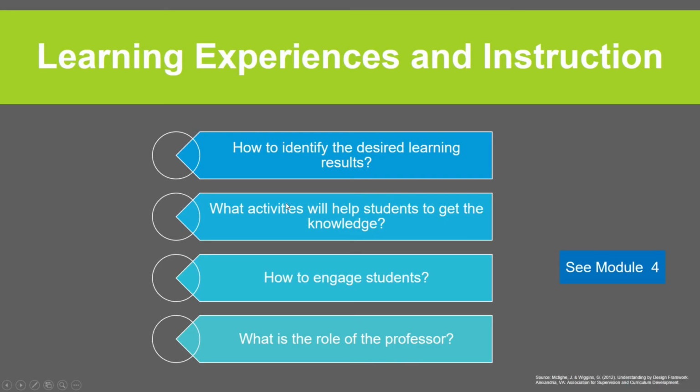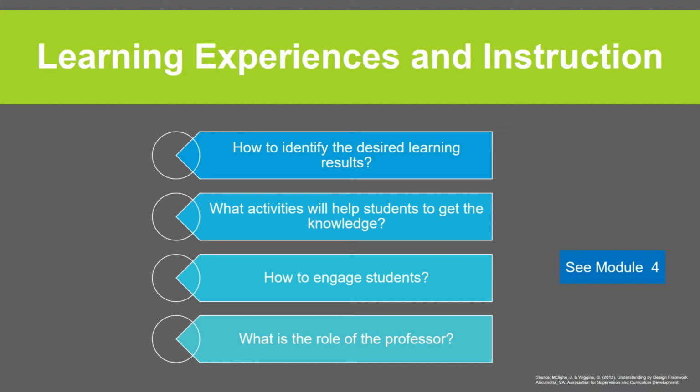Then the third step focuses on identifying and outlining what are the learning experiences and the instruction. What will the professor do with students in the classroom, as well as what will students be doing in the classroom or even outside the classroom? So these questions are driven by how to identify the desired learning results.